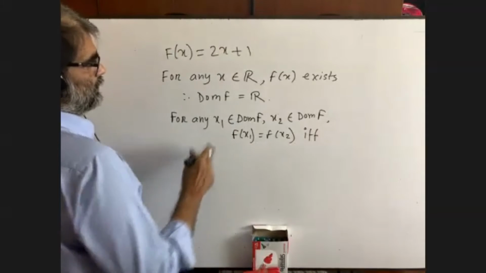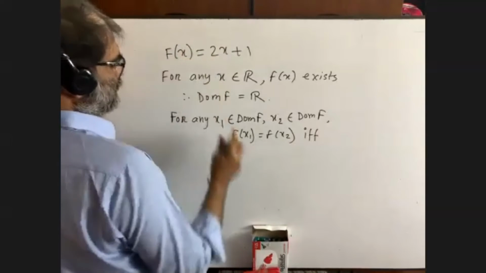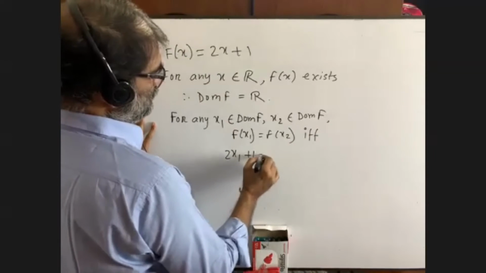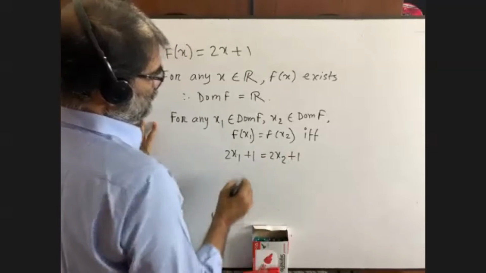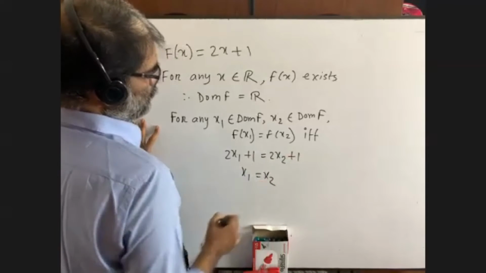You see, it is f of x, so if it is in x1, it will be 2x1 plus 1 equals 2x2 plus 1. That means x1 equals x2.